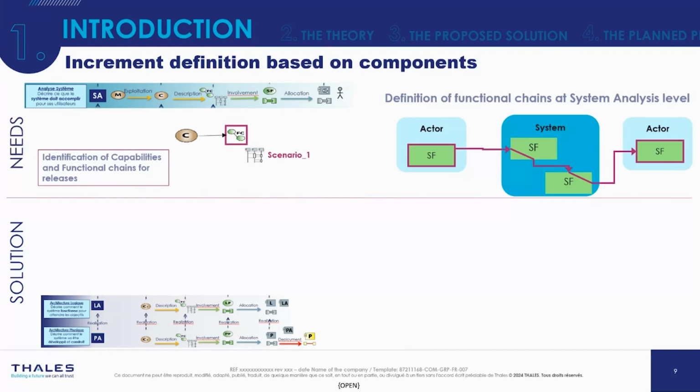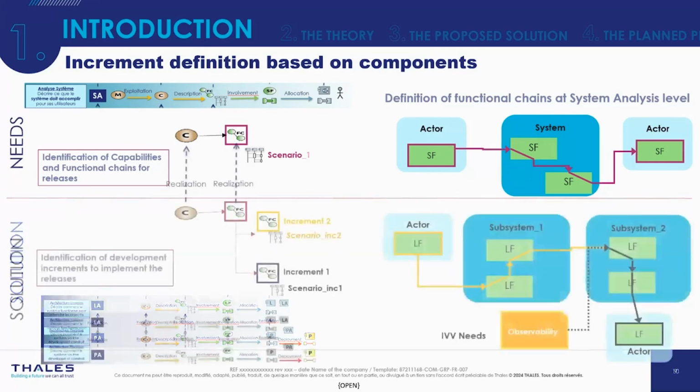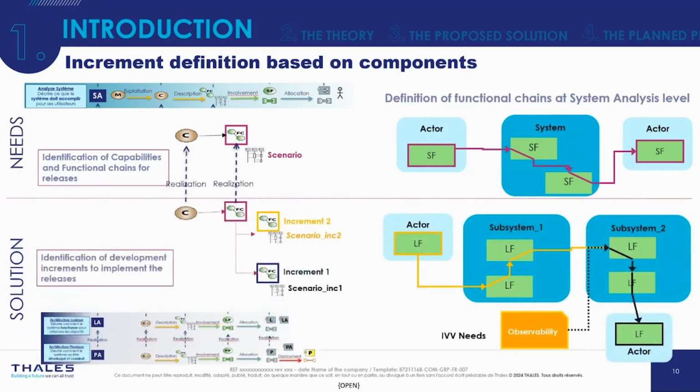When we identify development increments at solution level, so at physical level, you can see that this functional chain from system analysis has been refined in the physical architecture in two subsystems, and it crosses the full system from the same actor to the same actor.